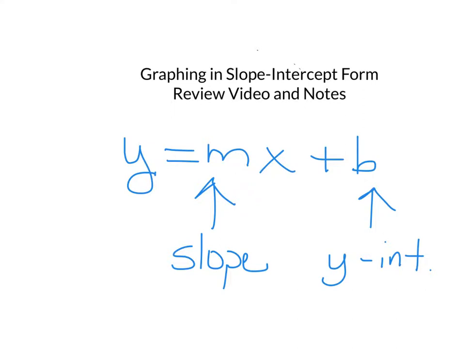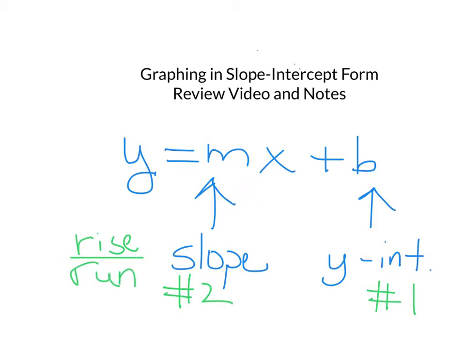We always graph the y-intercept first, and then we graph the slope. And the slope is always a fraction, which stands for rise over run. The top number tells us how far to go up and down, and the run tells us how far to go left and right. All right, so that was just a quick refresher on the formula.